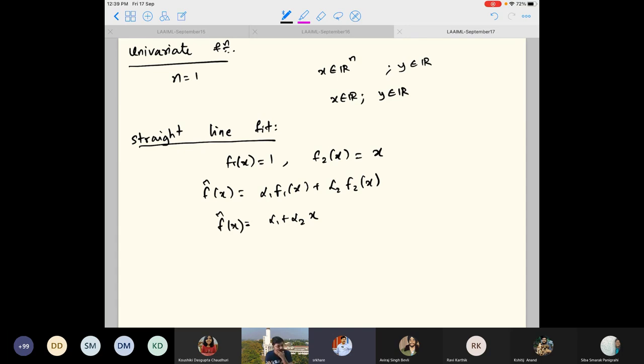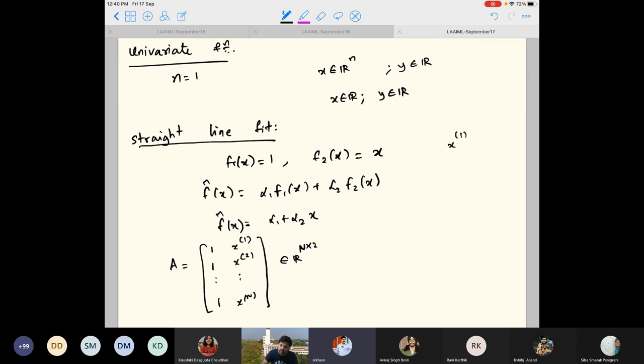Straight line model. And if you have this straight line model, then what will be the matrix A that you will be looking at? The matrix A will be 1, all 1, capital N number of times, and then the data points x1, x2 up to x capital N, right? So this is what you will have. And this is the matrix which will be in R^(N by 2), right? And the two parameters that you want to estimate, alpha 1, alpha 2.